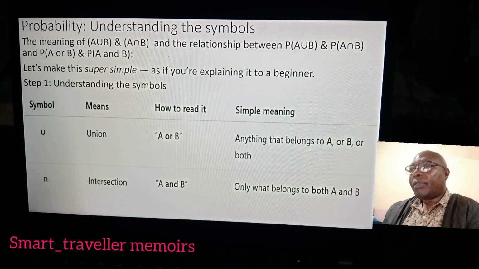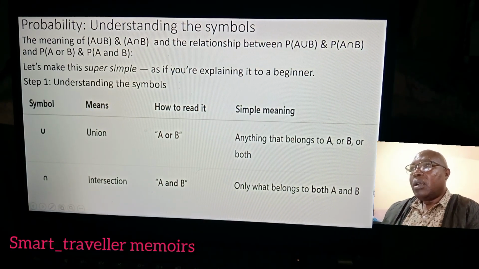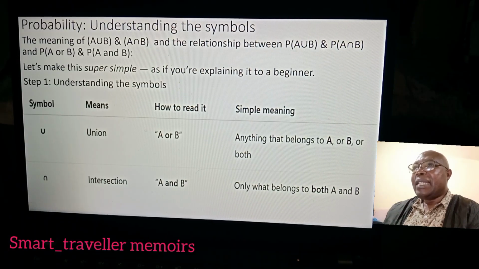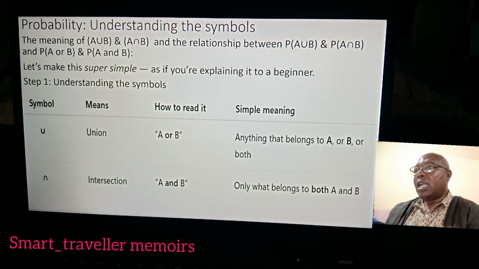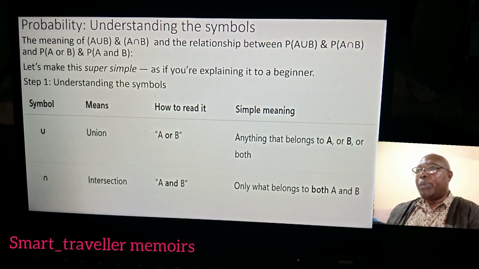Now, what is the meaning of A union B and A intersection B? And what is the relationship between the probability of A union B and P(A or B), and the probability of A intersection B and P(A and B)?